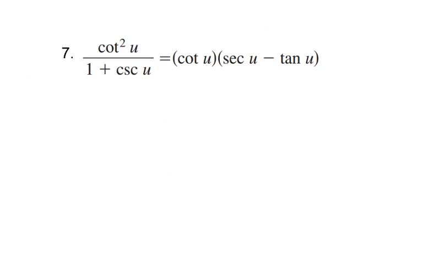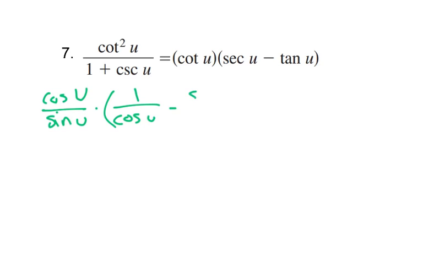Alright, and then the last one here, I see a denominator that we could make a conjugate, but I also see a lot of secants, cotangents, and tangents, so I'm going to just rewrite it all as sines and cosines and go from there. Cotangent of u is really cosine over sine, and that's going to be multiplied by secant, which is 1 over cosine, and tangent, which is sine over cosine.